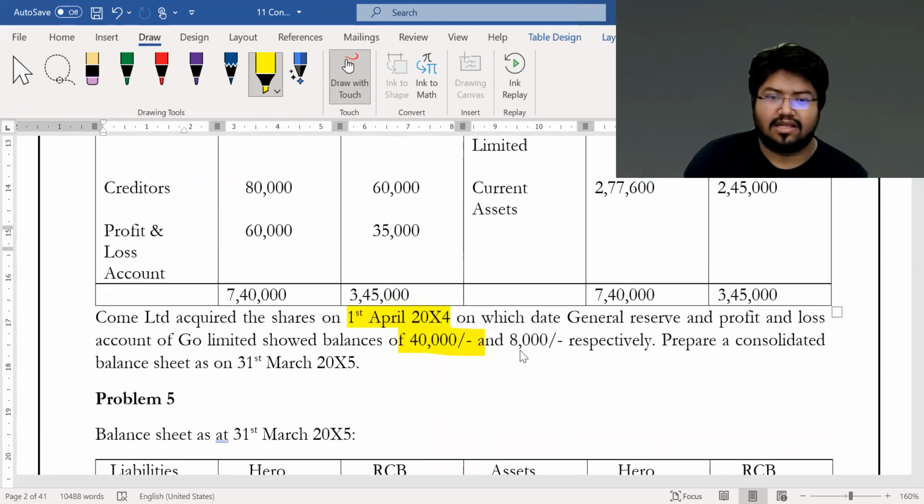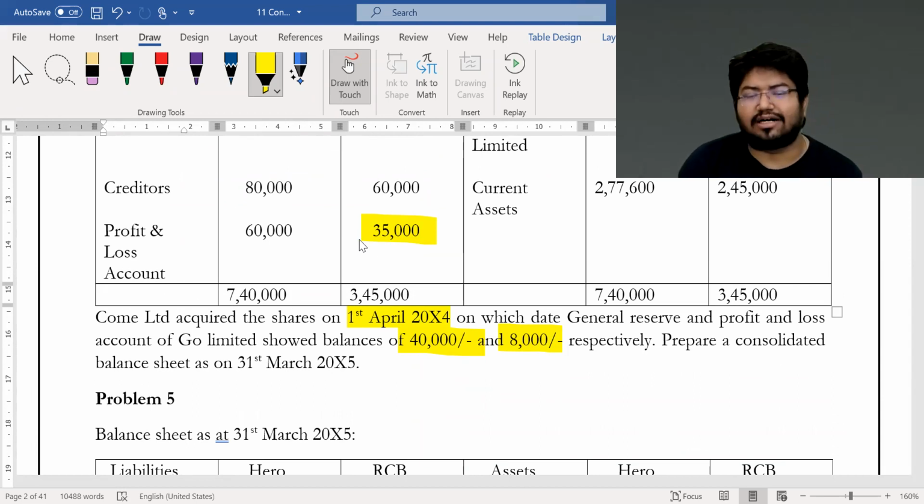That means I had a balance of 8,000 rupees in the beginning of the year that has become 35,000 at the end of the year in P&L. How did it become 35,000? After earning so much and transferring 10,000 to general reserve, it became 35,000. So you need to observe all those inputs and then prepare.